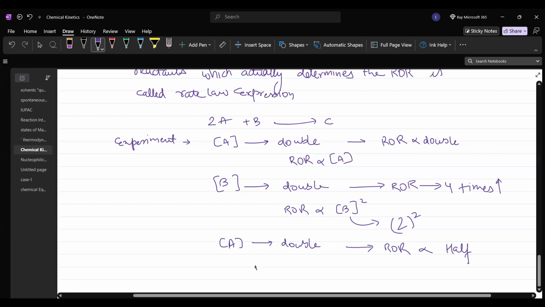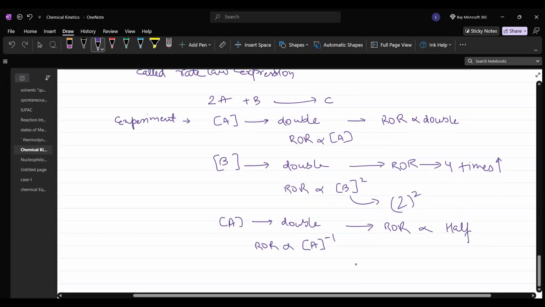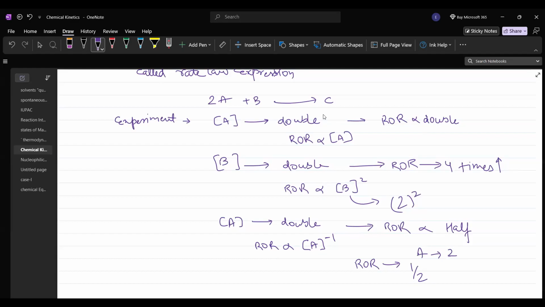Okay, so we can say that rate of reaction is proportional to A to the power -1. How? The concentration of A is doubling and the rate of reaction is becoming half. So obviously there should be a power of -1. Got my point?